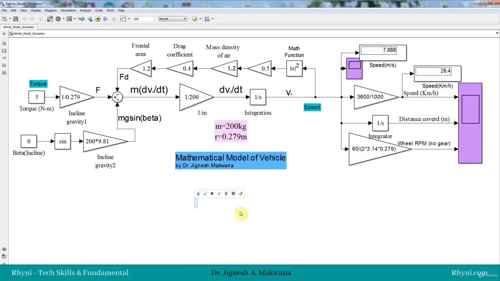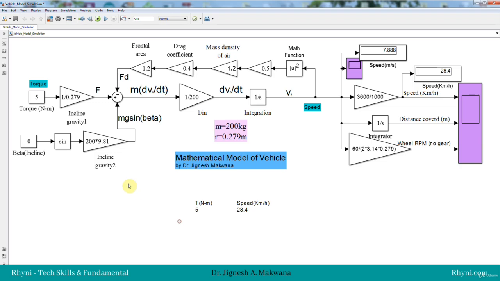For the applied torque we measure the speed in kilometer per hour, and we will use this table. This is in Newton meter. So for 5, the speed is 28.4.